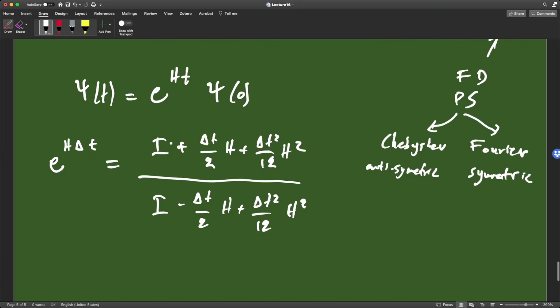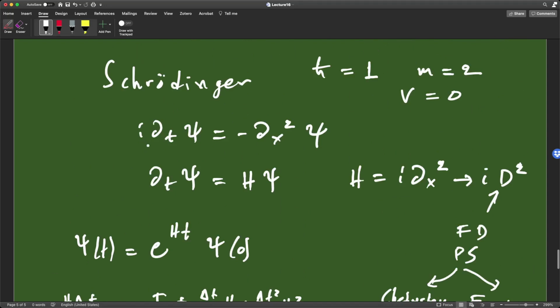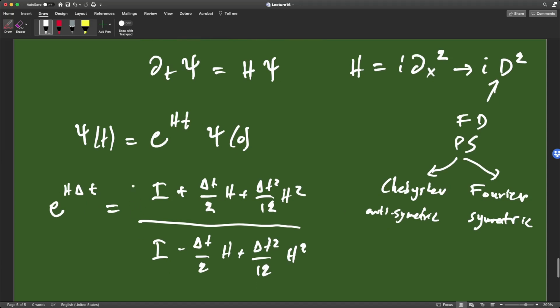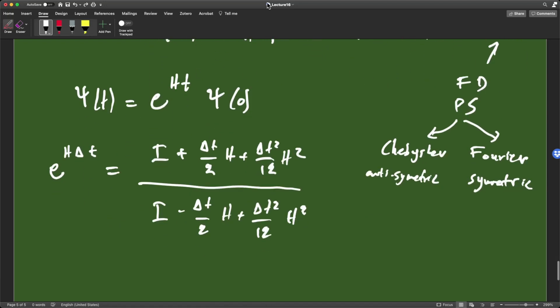That means the magnitude of e to the H delta t will be 1. Remember, H has an i here, so e to the i times some real numbers, the modulus will be 1. If H is not symmetric, then the modulus of this expression will no longer be 1, so we would lose unitarity. That means if H is symmetric, then this discretization will conserve probability.